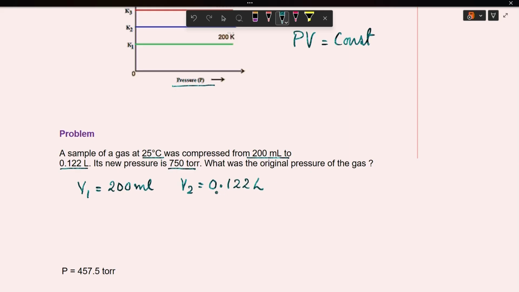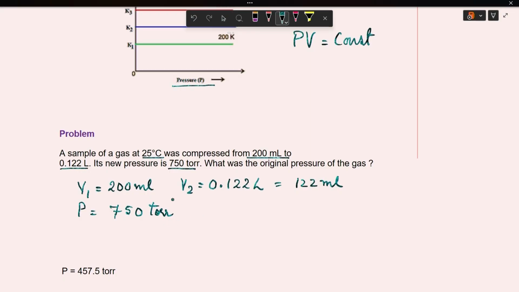Now, I am going to convert it into ml just because this is a fraction. So, that will be 122 ml. Now, pressure is given as 750 torr, need not bother about that because the answer will also be in the same unit, since it is a ratio.